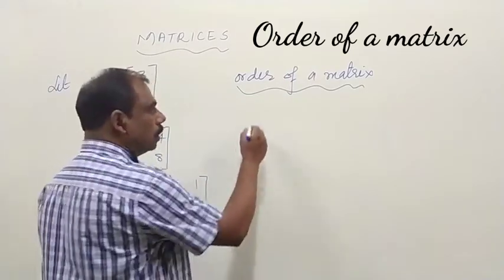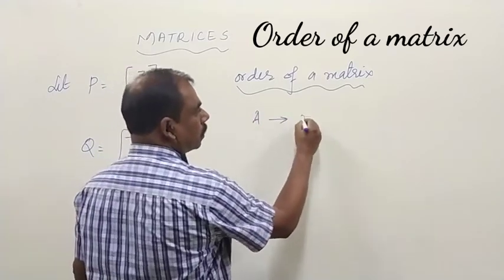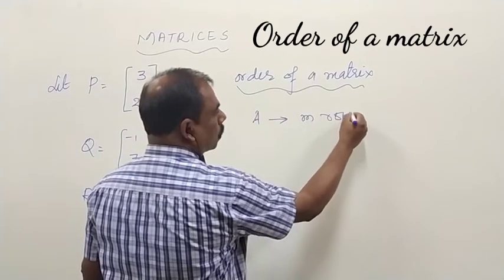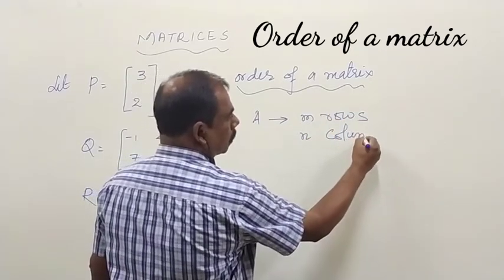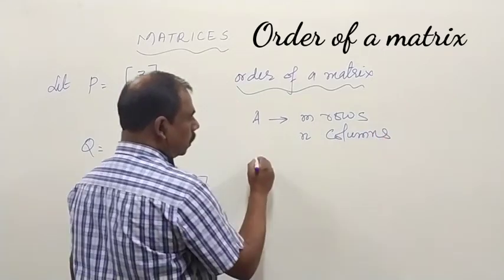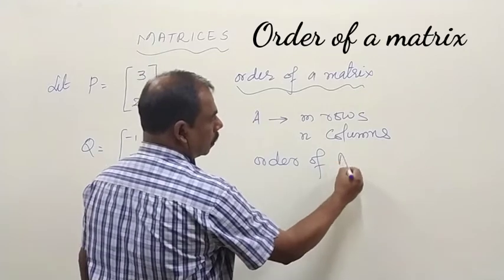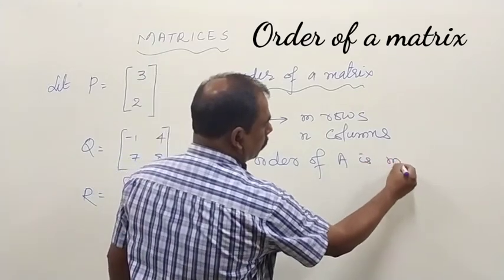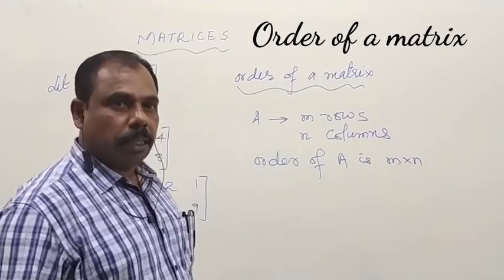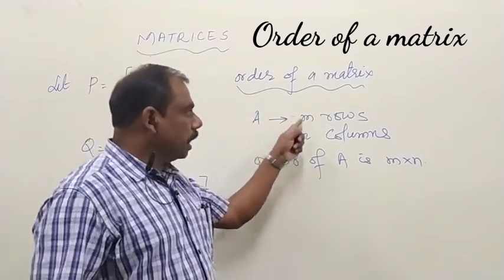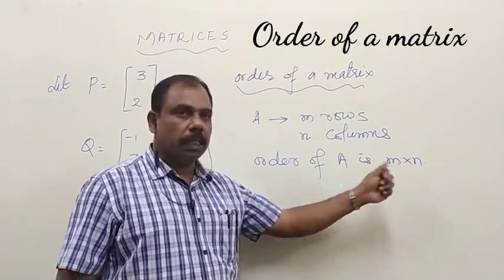Say for example, there is a matrix A. If it has m rows and n columns, we say that the order of A is m by n. We write m × n and we read it as m by n.